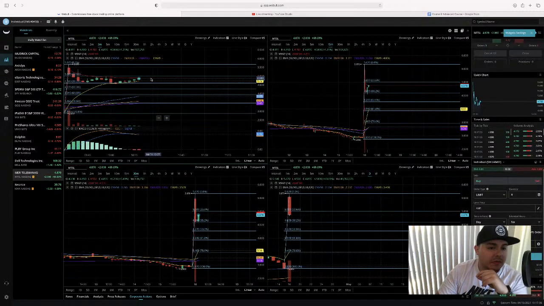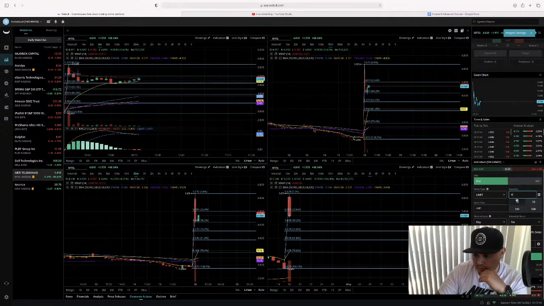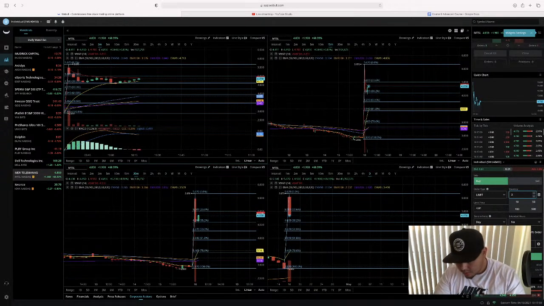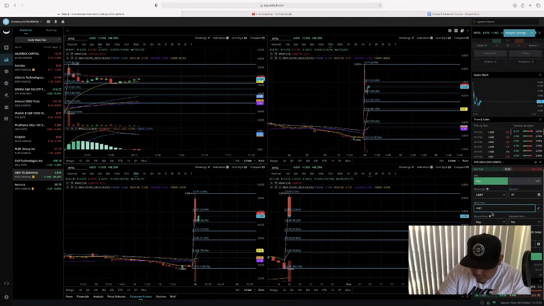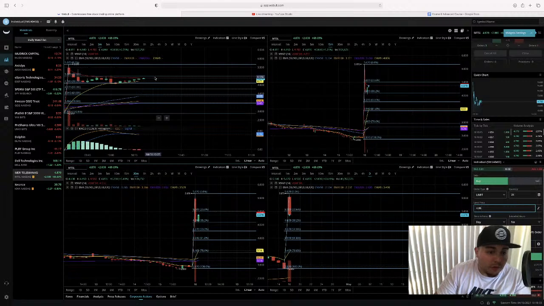Key is VWAP, okay? Key is the VWAP. If we can break VWAP, great. 25 shares. Okay, 490. I want to see a break of VWAP up.